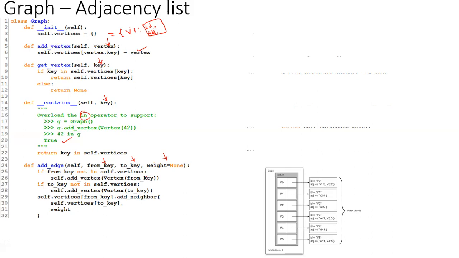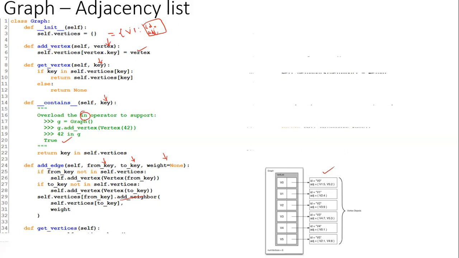Once it is newly added, we can call the add underscore neighbor function, which we are going to discuss shortly in the other class. Using this, we can set the neighbor for the corresponding vertex, by calling the add underscore neighbor method, which is coming up soon.